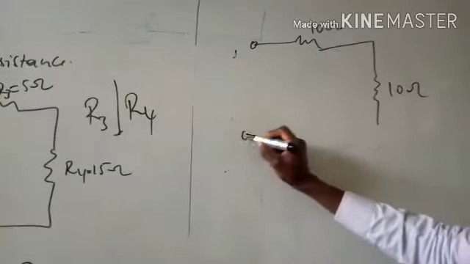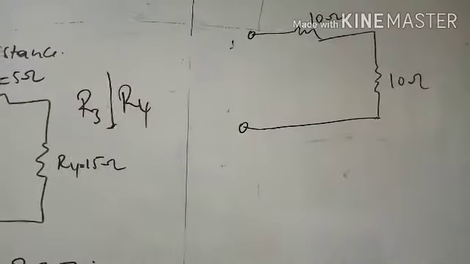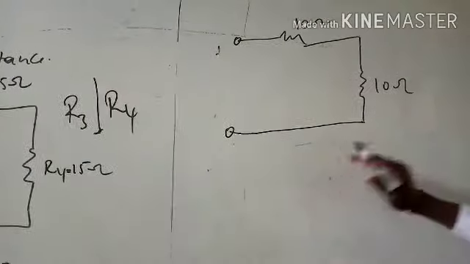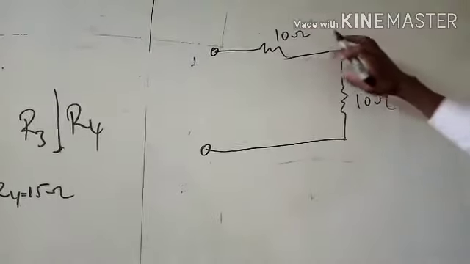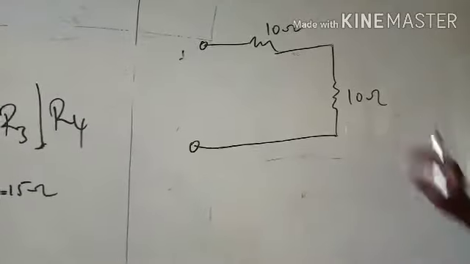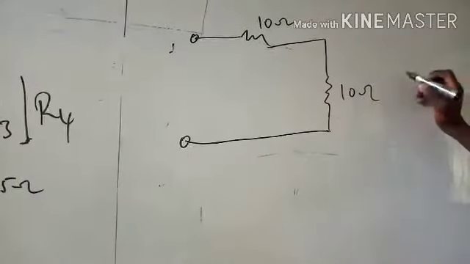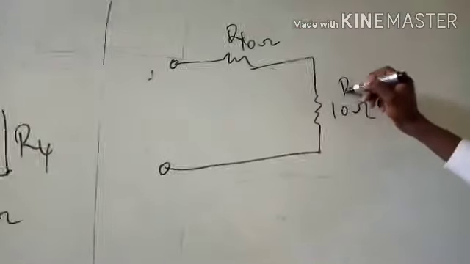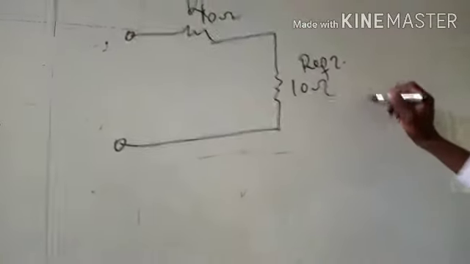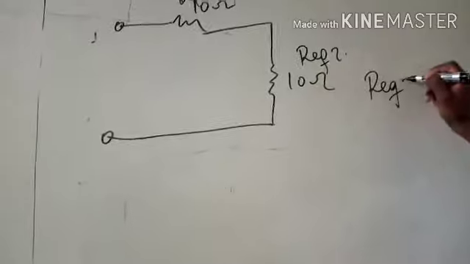Then here we have just the starting circuit, and these two, we see that they are in series. Then it means that this R1, here there is R equivalent 2, then R equivalent 3. How will it be equal?